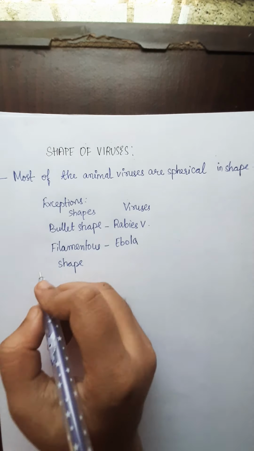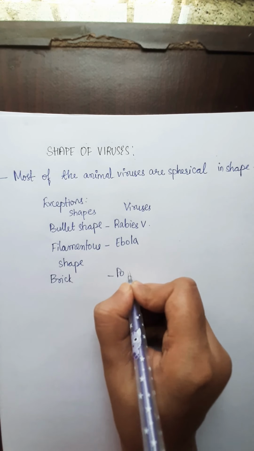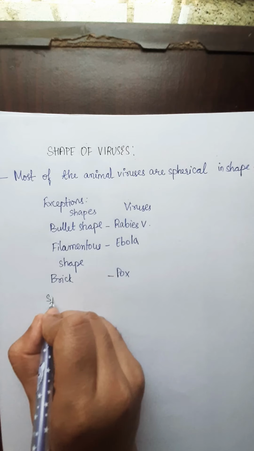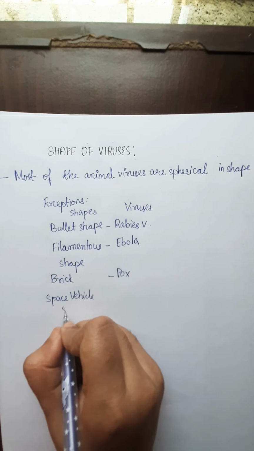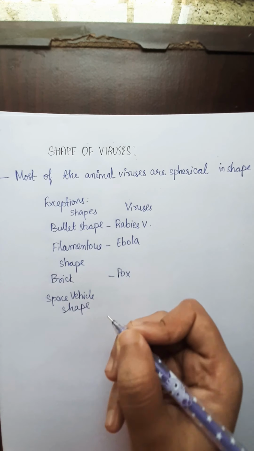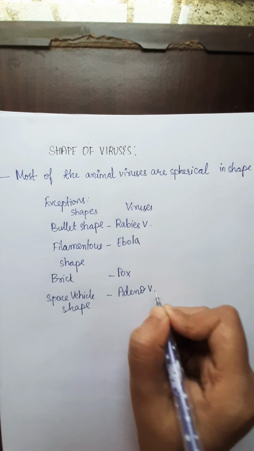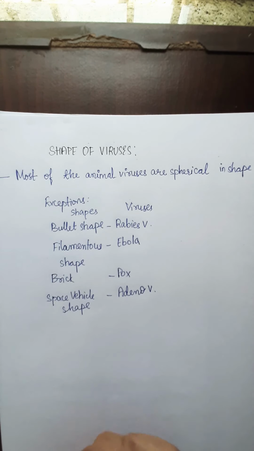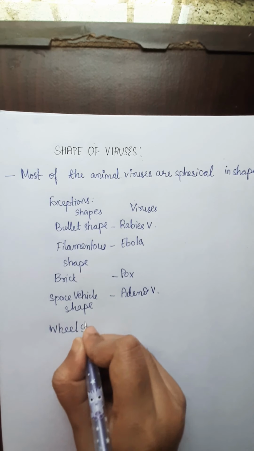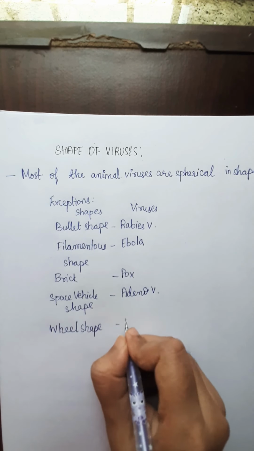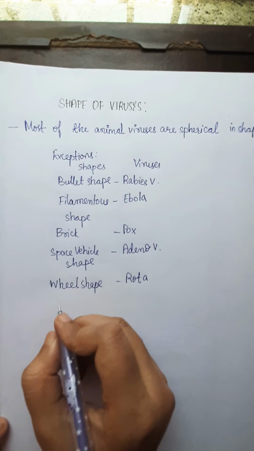Filamentous shape, Ebola virus. Brick shape, pox virus. Space vehicle shape, adenovirus. And wheel shape, rotavirus. Rod shape, tobacco mosaic virus.